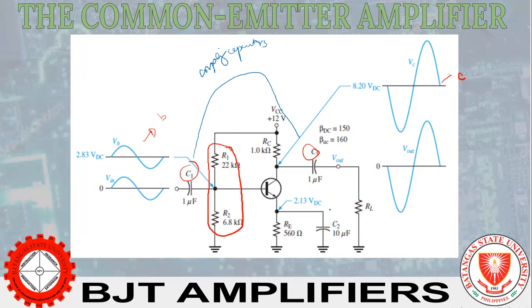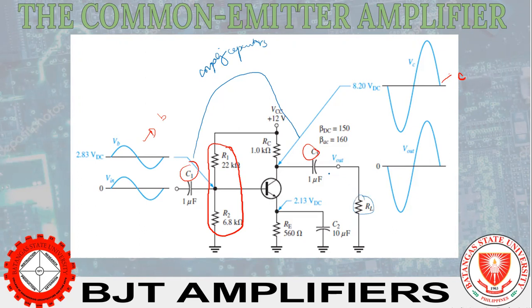So, yung input signals natin, yung VIN natin or input signal, so input voltage is capacitively coupled to the base terminal. Okay? The output signals naman is capacitively coupled from the collector to load natin. Okay?